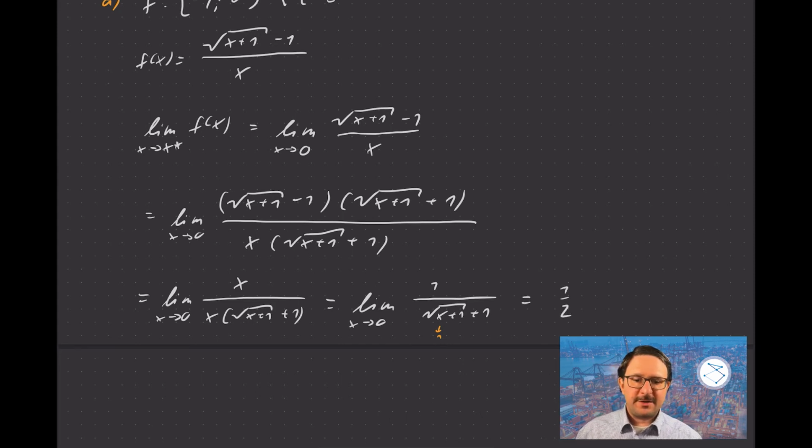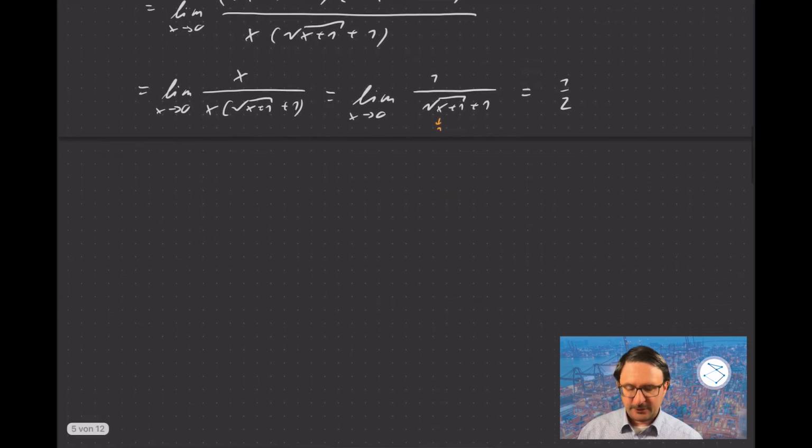That means this limit does exist. So if we just set the function value to that limit, then we get an extension of f that is continuous at 0.